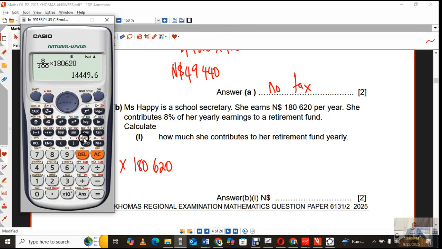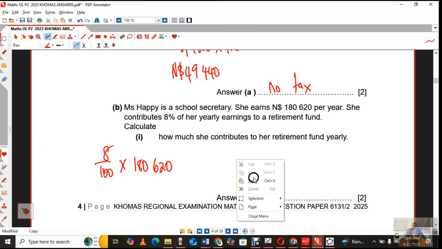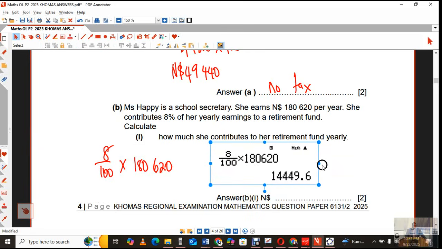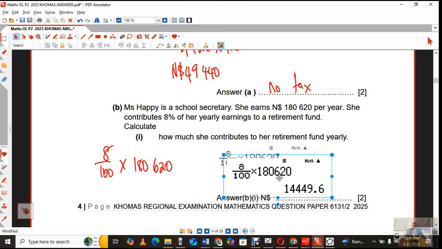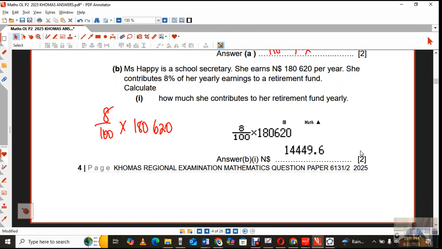And that is 14,000 and something. So this amount is what she contributes towards the retirement. So this is the amount we're looking for.